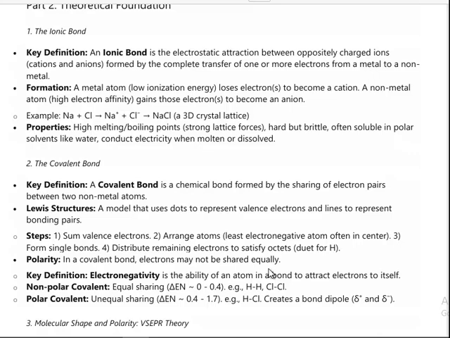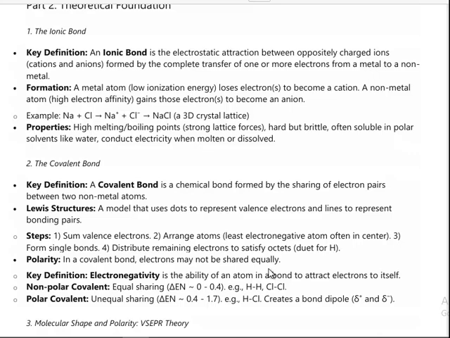You have sodium as the metal and chlorine as the non-metal. Transfer of electrons is from the metal. The metal loses an electron, and because it loses one electron, becomes Na+. That's the sodium ion, and the chlorine becomes a chloride, Cl-, and that's why you have sodium chloride.